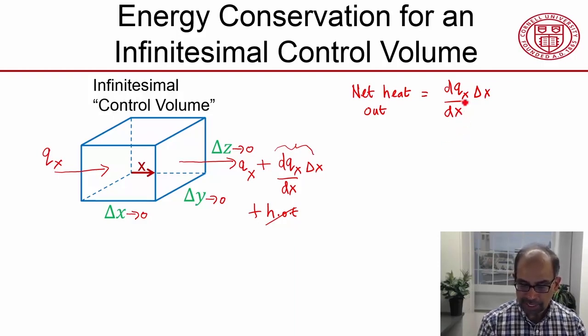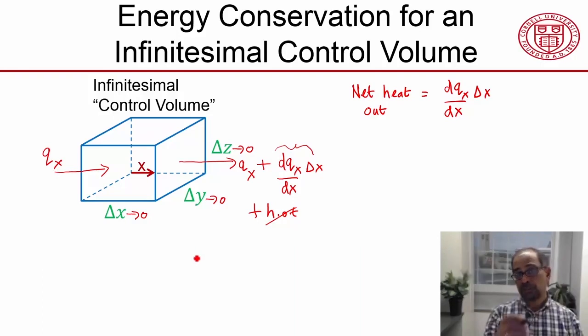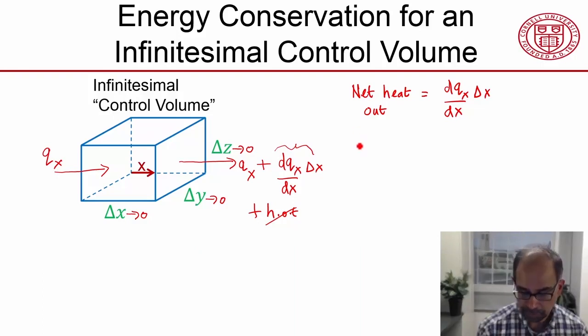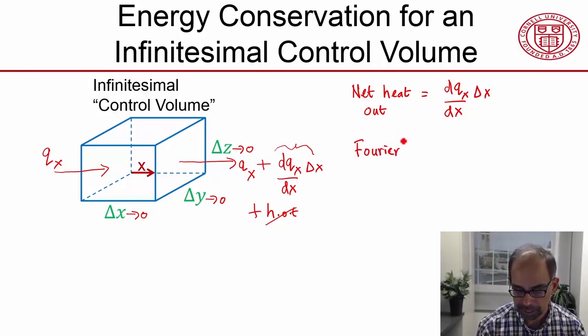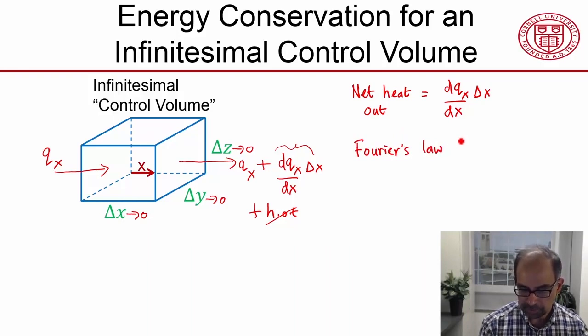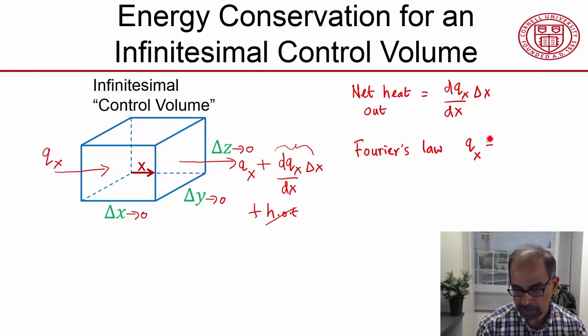And now I can relate that to the temperature using Fourier's law. Many of you should have seen this before. It's the foundation of heat conduction, which says that the heat flow is proportional to the temperature gradient.